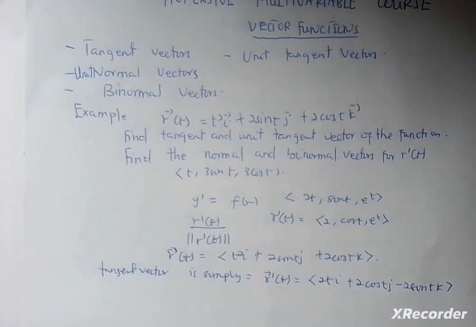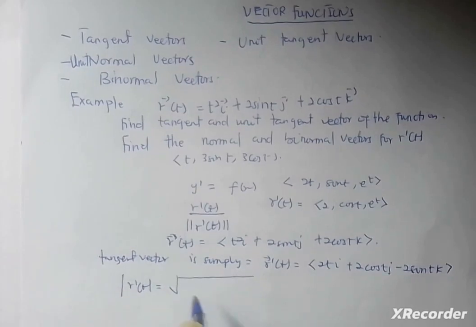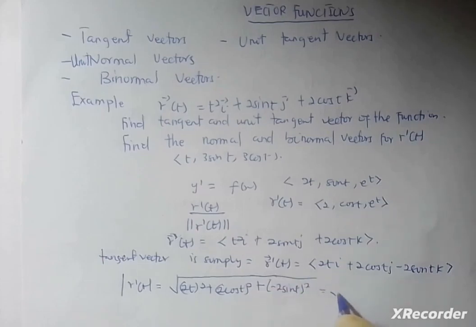And for the unit vector, we're simply going to find the magnitude of this tangent vector. If I find the magnitude of r prime of t, this would be the square root of 2t all squared plus 2 cos t all squared, plus negative 2 sine t all squared. What am I getting for this?